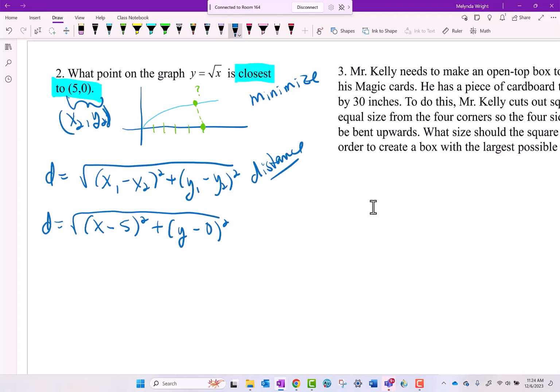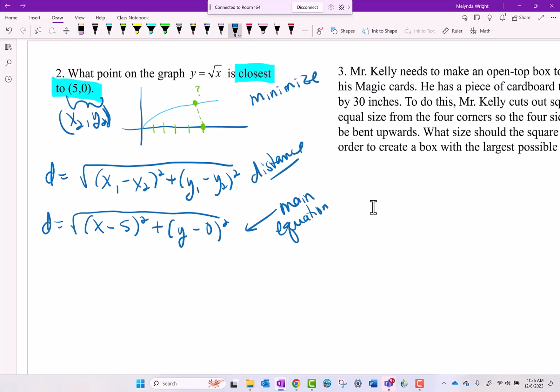So I'm going to go back up to the information and see if there's something I haven't taken into account yet. Is there a helper equation? This is our main equation, the one that we're going to minimize. But we need a helper equation because we can only have one variable.